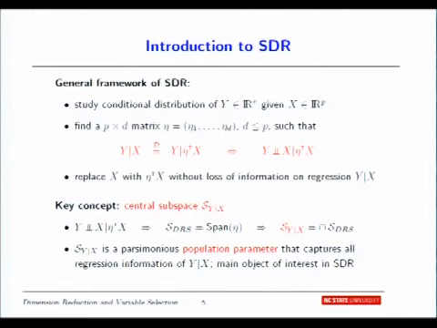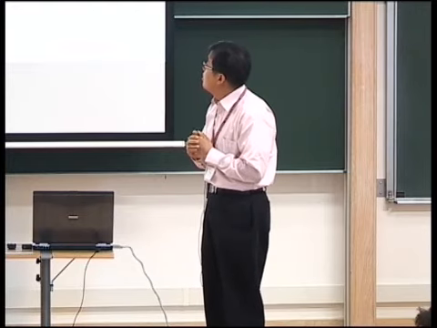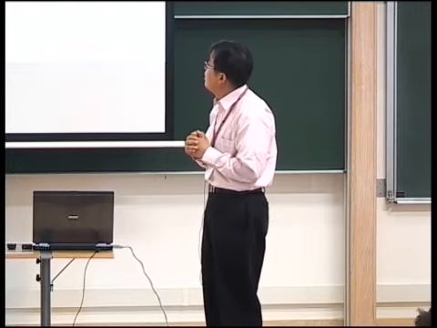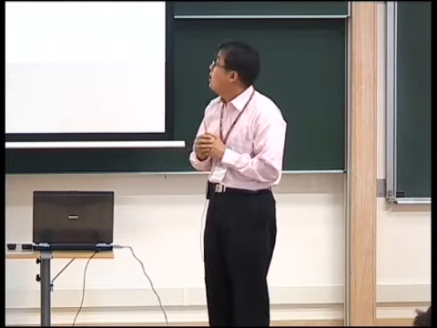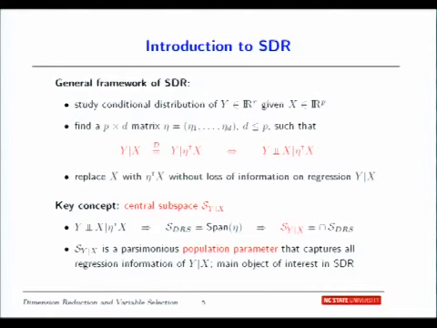Or another way to look at it is given eta transpose x, the response y is independent of the original predictor vector x. If so, then we say we can replace the p-dimensional x with a lower dimensional, that is d-dimensional, linear combination eta transpose x, and we can do that without losing any information on the conditional distribution of y given x. And for that reason, we call this sufficient dimension reduction.